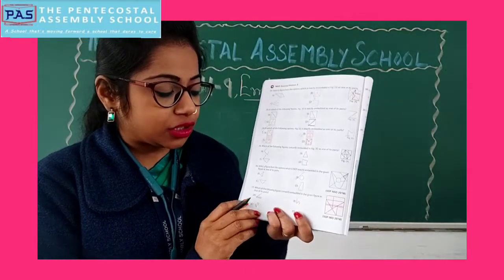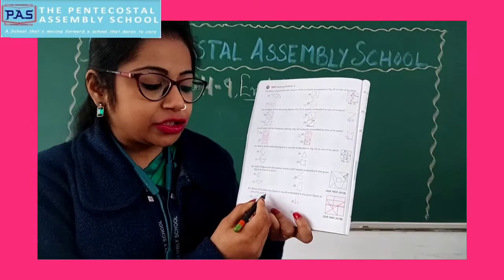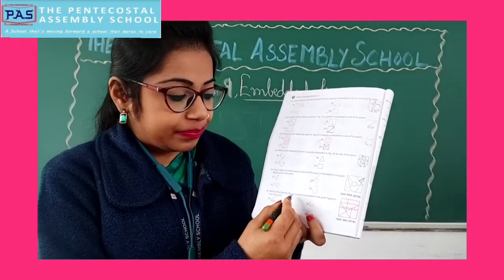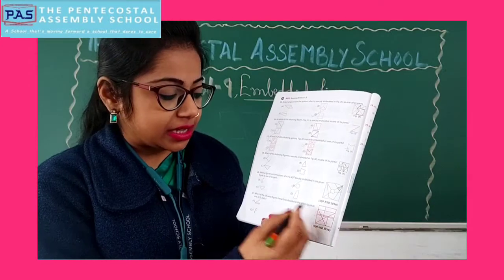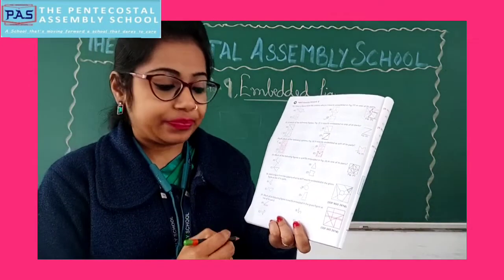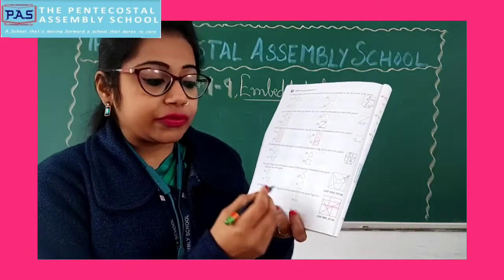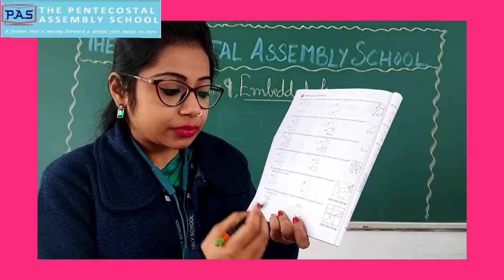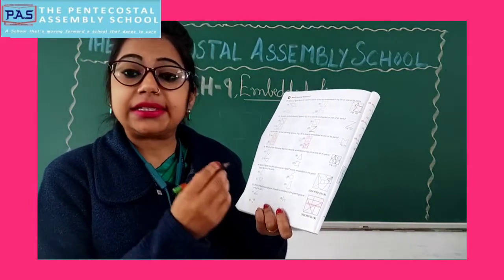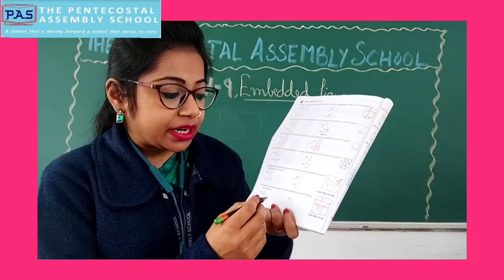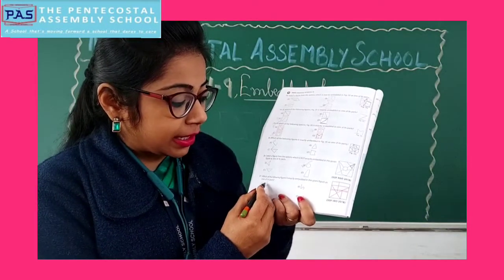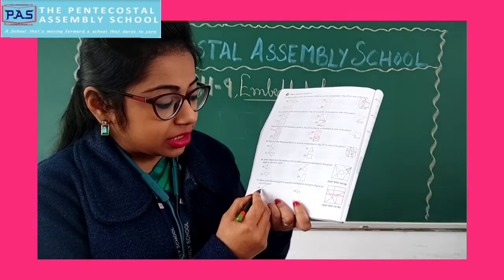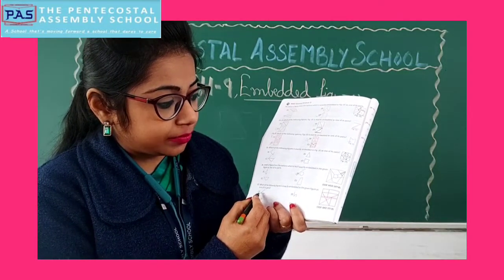Let us see question number 27. Which of the following figure is exactly embedded in the given figure as one of its part? Again, you have to find out the figure which is exactly embedded in this figure. Option A. Can you see this figure?